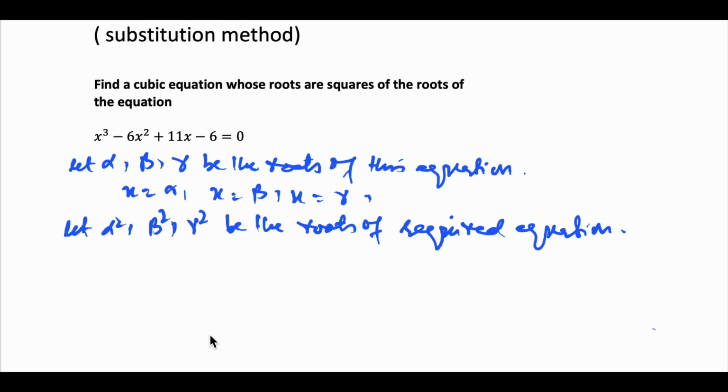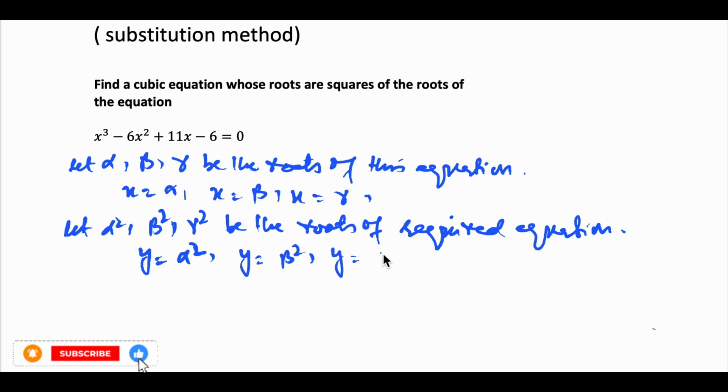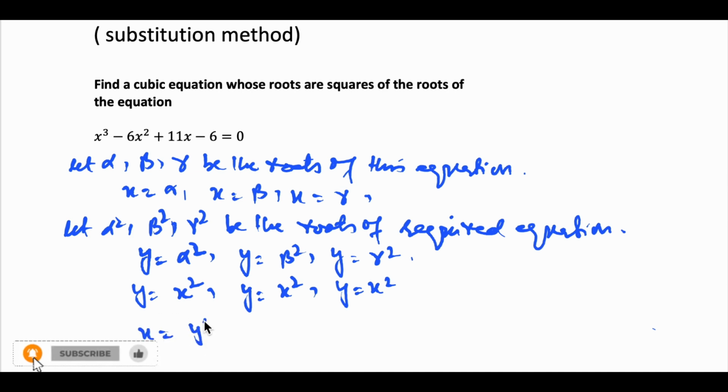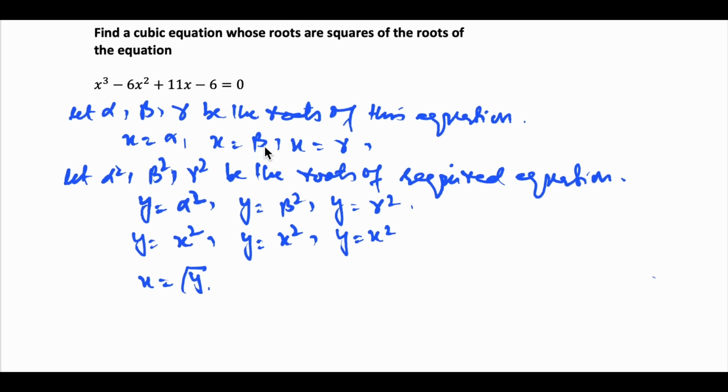Suppose I want to find the required equation in terms of y, so y is equal to alpha squared, y is equal to beta squared and y is equal to gamma squared. Since each root is x, y is equal to x squared in all cases, so I can use the substitution method here. So y is equal to x squared, so x must be equal to root y.